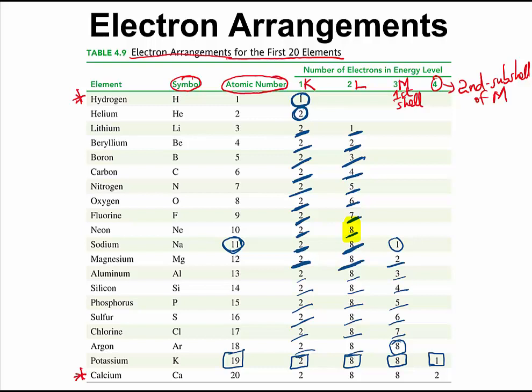Now, why are we looking at all of this? This is the first reason. Take a look at helium, neon, and argon. Those 3 elements. If you look at each of them carefully, you will see that all of their shells are completely filled.